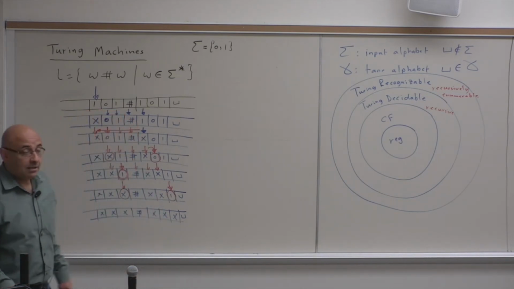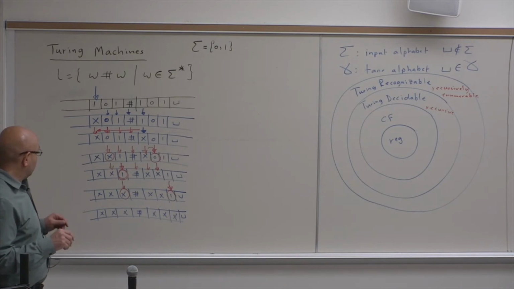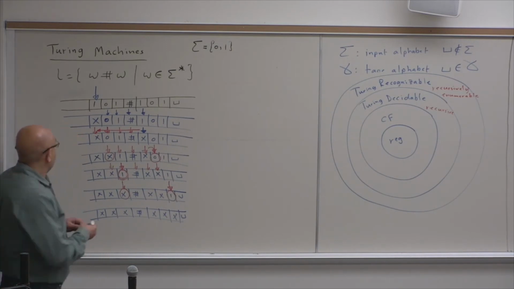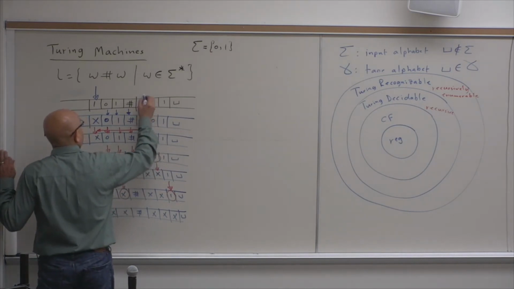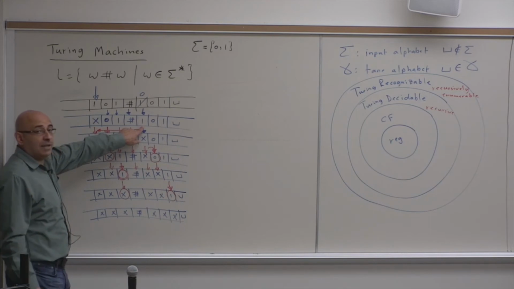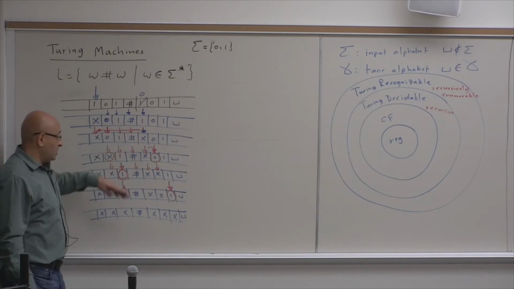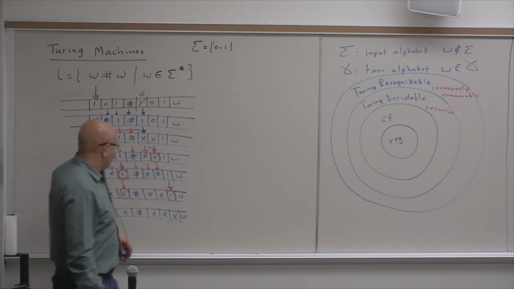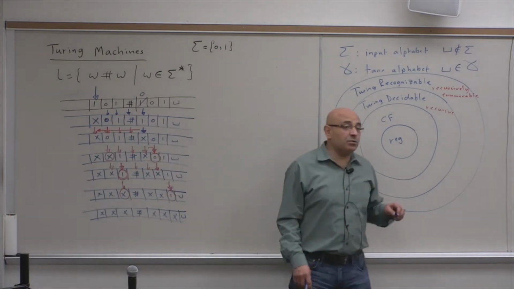Or if any matching fails, like here, if we had a 0 here, then the first matching would fail, and then the Turing machine would go to a reject state. So this is a problem that is Turing decidable.